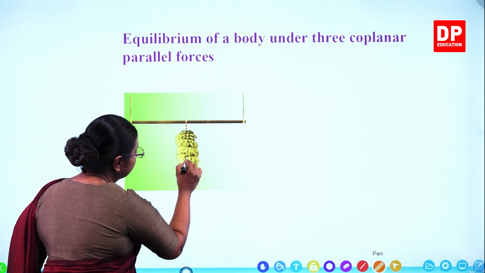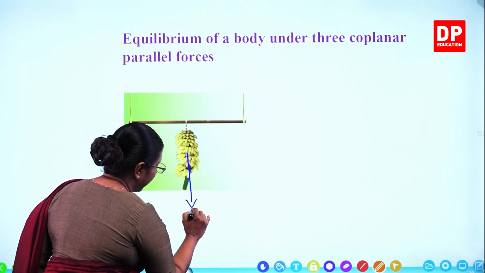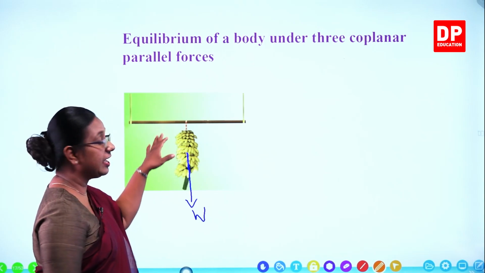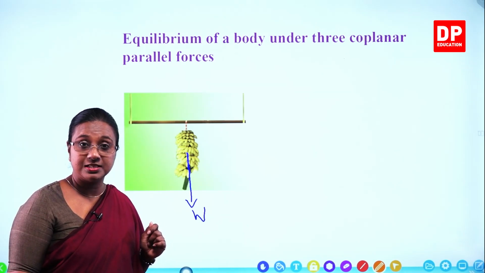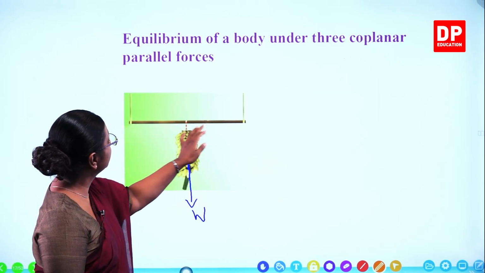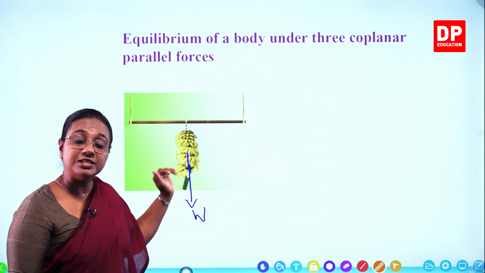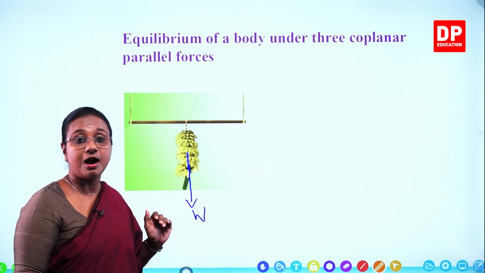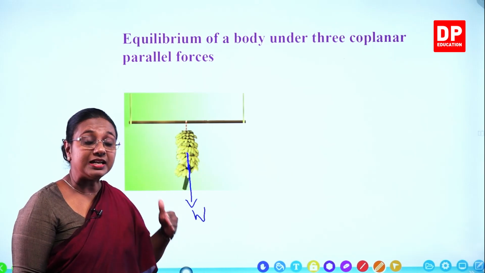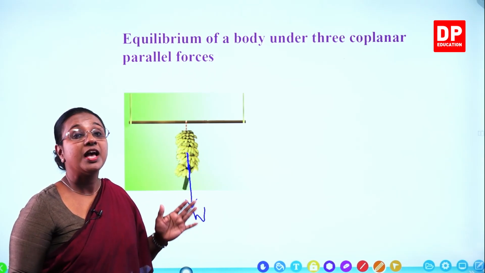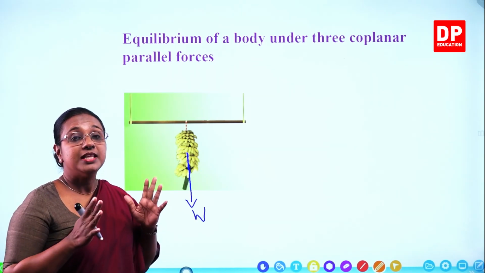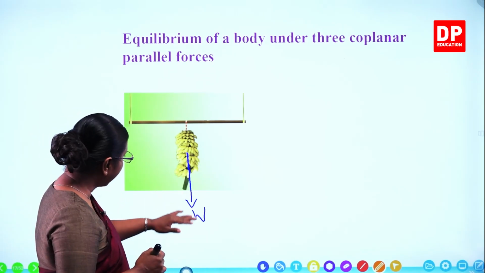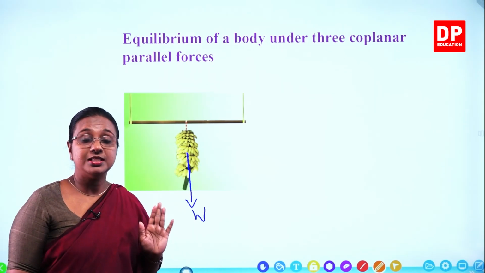You are familiar, there is a weight that has to act downwards, the weight of the bunch of bananas. Now, if there was no rod or the strings, obviously you know the bunch will come down or fall down. But here it is in equilibrium. How is that possible? There has to be a force acting opposite to this.